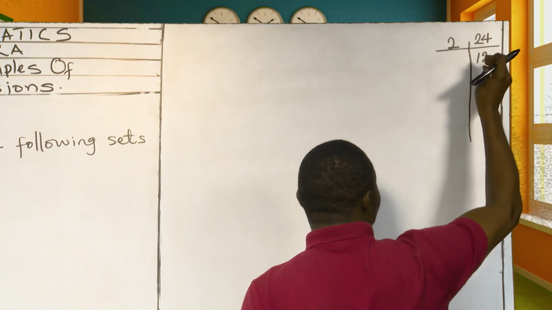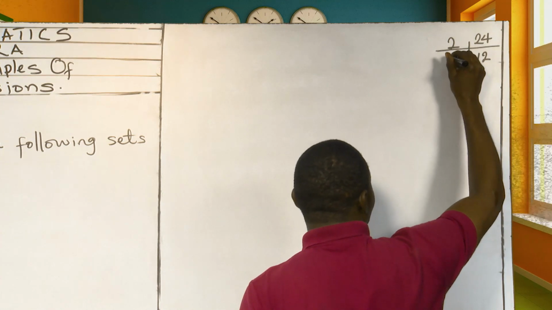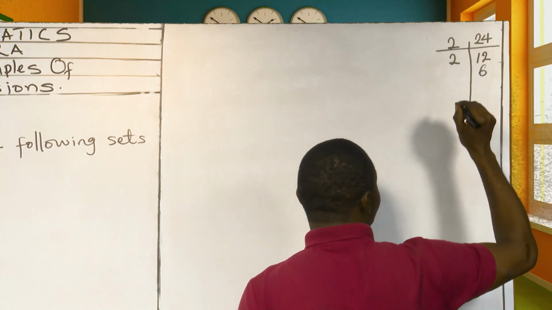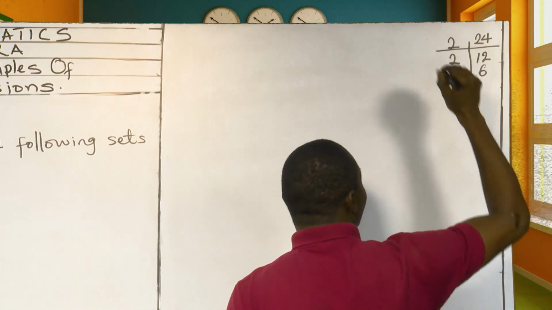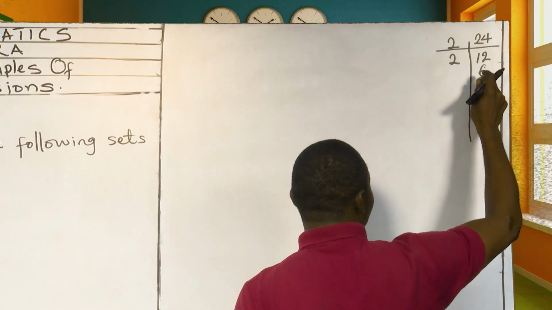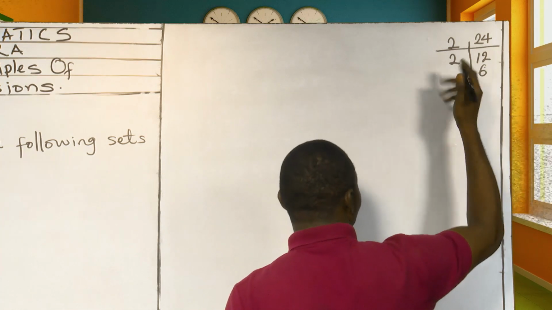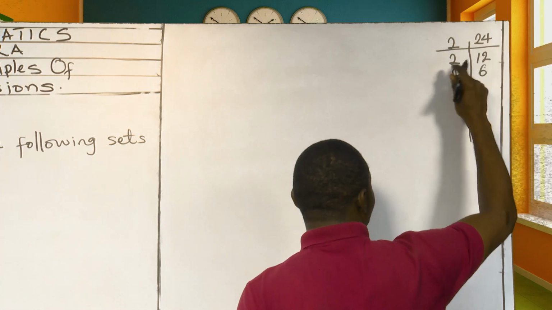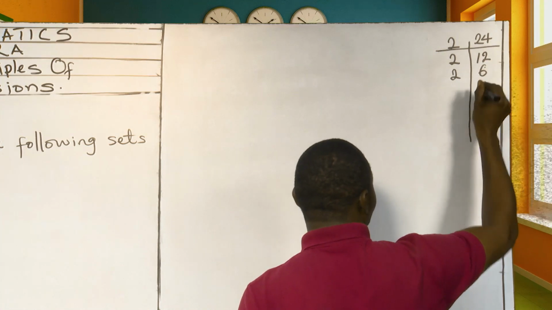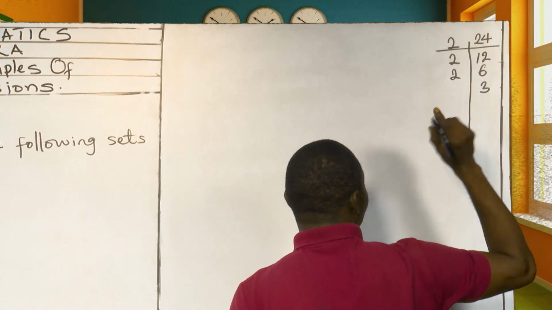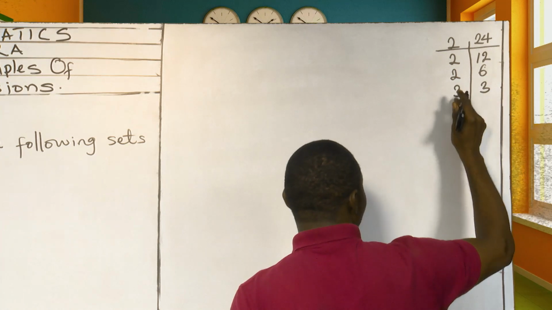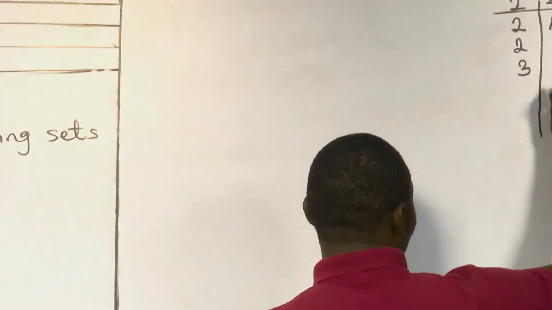The least prime factor of 12 is 2. 2 again in 12 will give us 6. The least prime factor of 6 is 2. You use that 2 again to divide 6. 2 in 6 will give you 3. The least prime factor of 3 is 3. 3 in 3, 1.